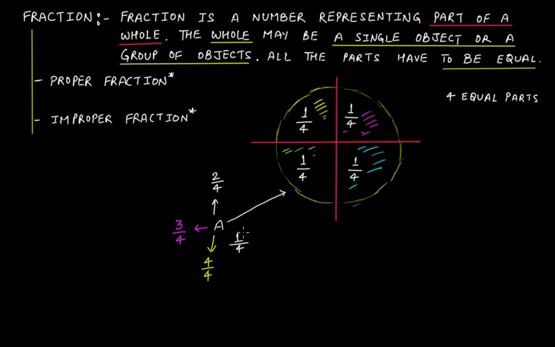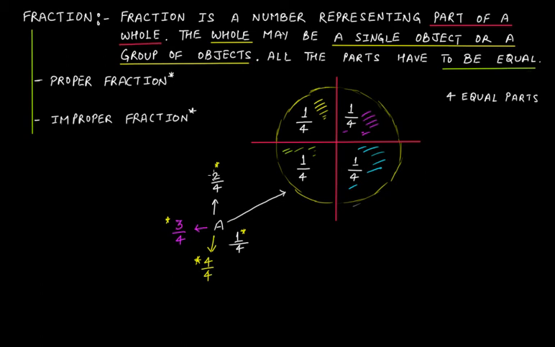All these numbers are telling about the fraction. This 1 by 4 tells that person A is having one part. This 2 by 4 tells that this person has now two parts, this one part and this another part. So 2 is telling you how many parts this person has taken.